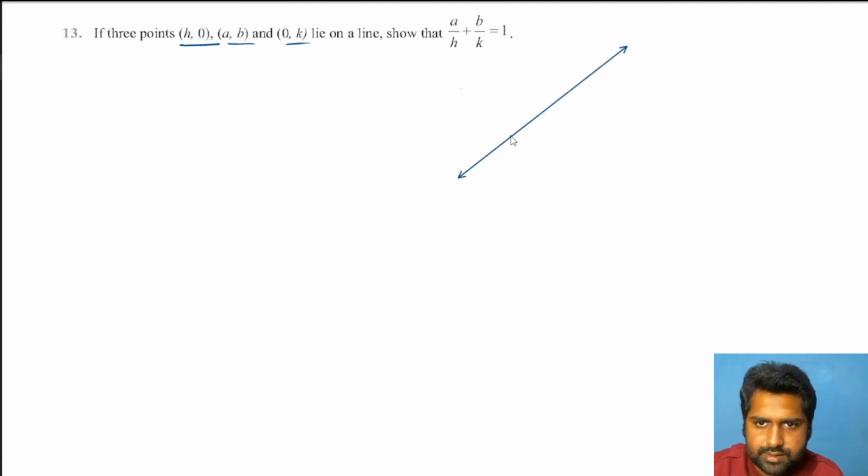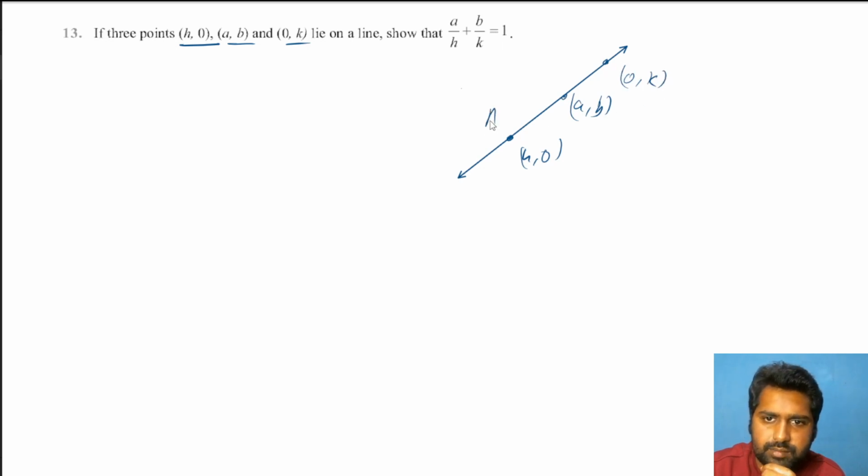One is h comma 0, one is a comma b, one is 0 comma k. Let's call them capital A, capital B, capital C. He's saying they lie on a line, show this. So if they lie on the same line, what should be the condition? MAB is equal to MBC.